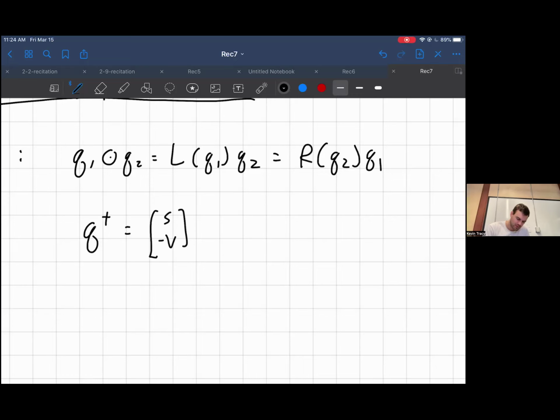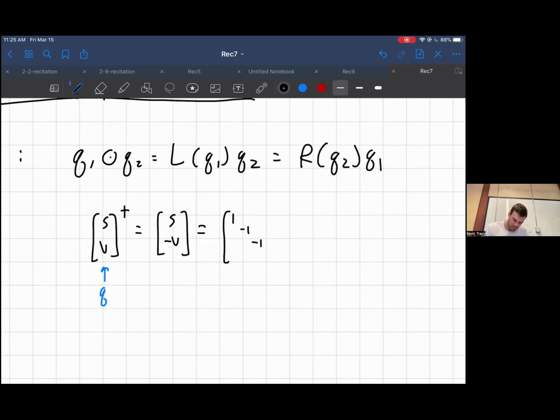So if this is my quaternion, the conjugate of this is just S, negative V, which is the same as me doing the following. This is our T matrix.